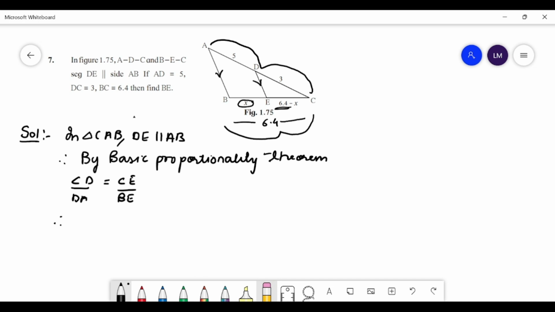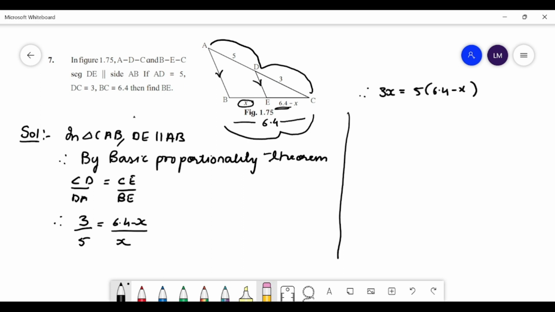So the value for CD is 3, DA is 5, CE is 6.4 minus X, upon X. After that we'll just cross multiply. Therefore we'll get 3x is equal to 5 into 6.4 minus x.